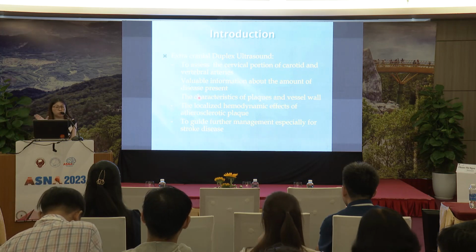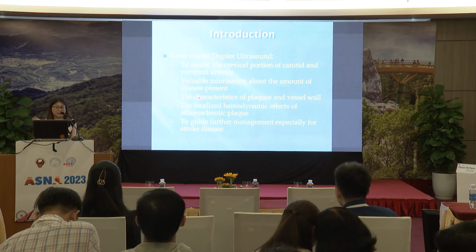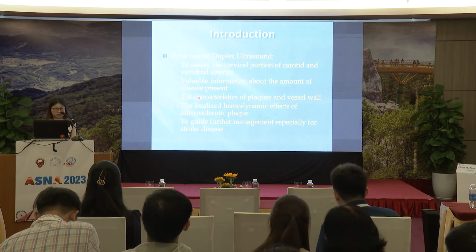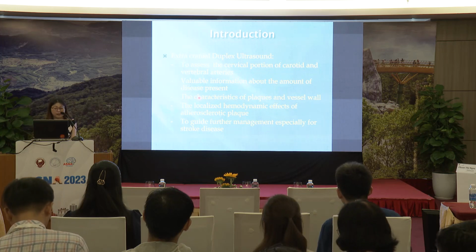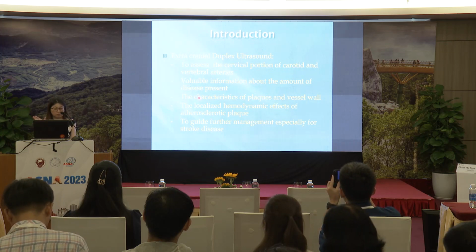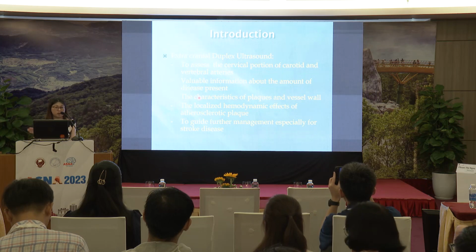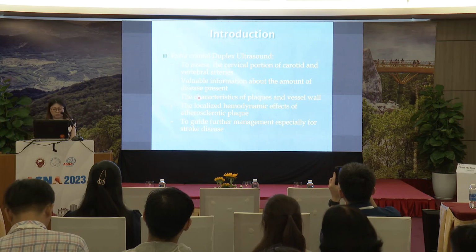And then how to localize hemodynamic effects, which is moderate or severe stenosis, and what kind of atherosclerotic plaques. By using the extracranial ultrasound, it will guide us on what kind of management, especially for stroke disease or acute ischemic stroke.